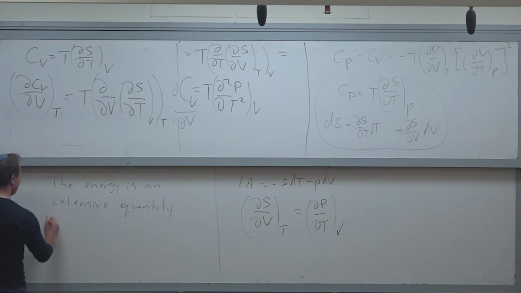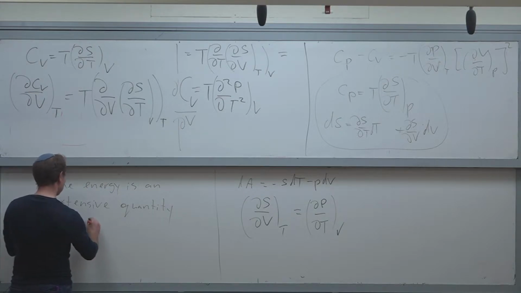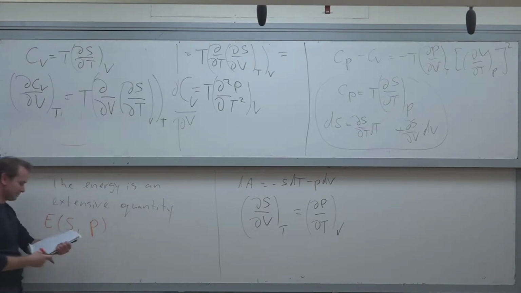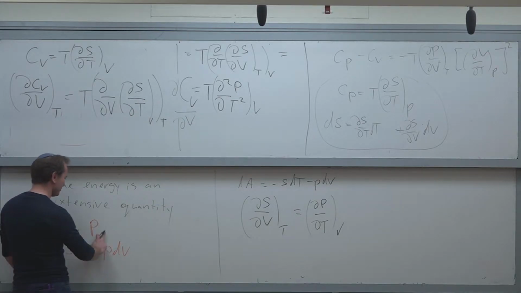If we have S, and here we have P, for example, we know that dE is TdS minus PdV, and we actually can have mu over here.